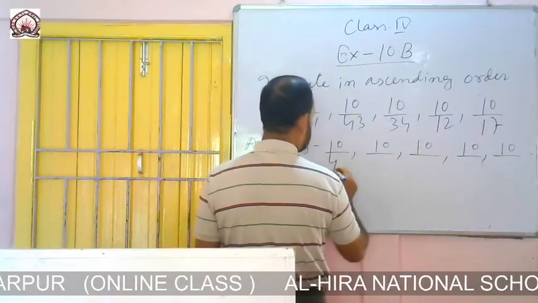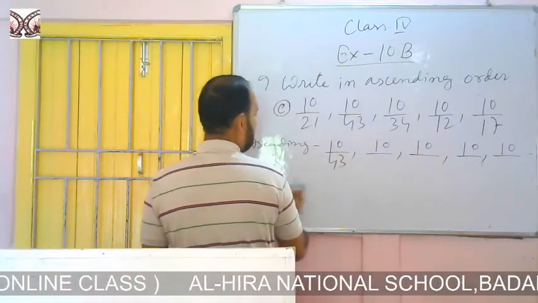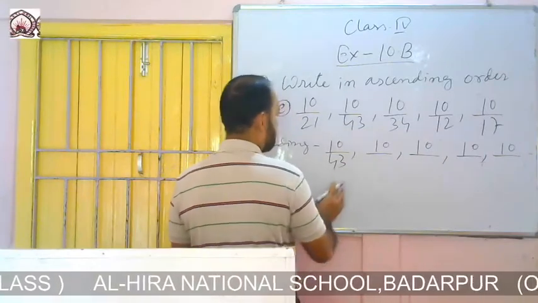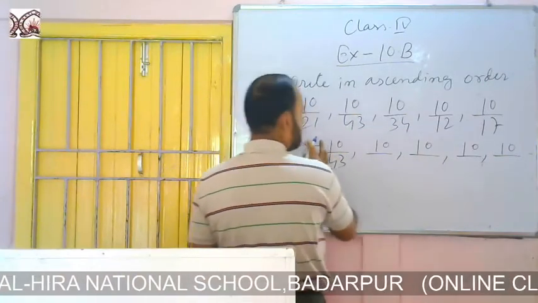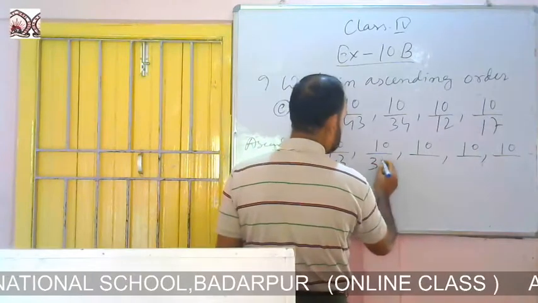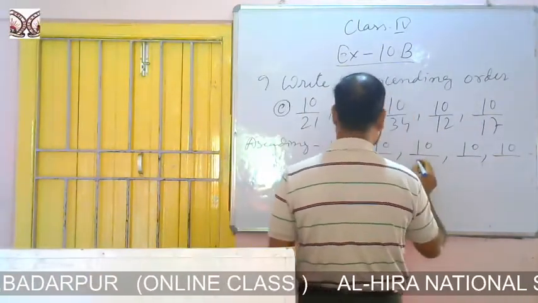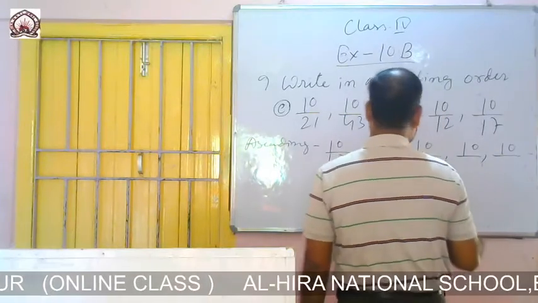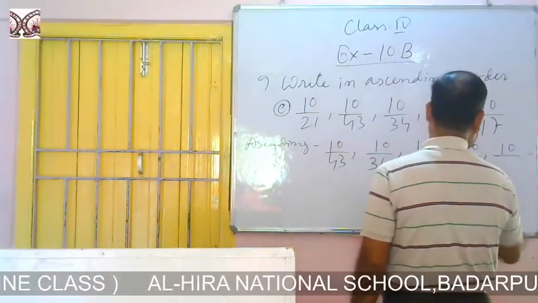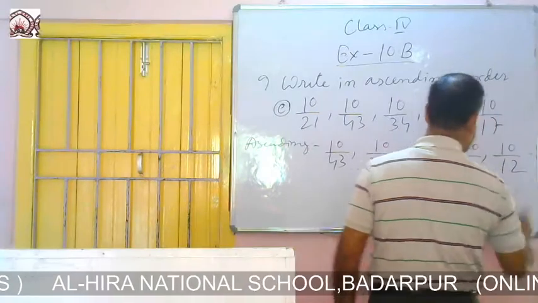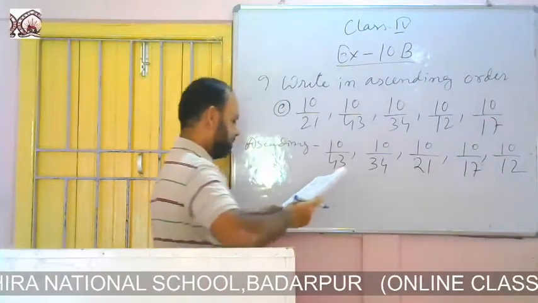So 10 by 43 is the smallest fraction. Next 10 by 34, 10 by 21, 10 by 17, 10 by 12.